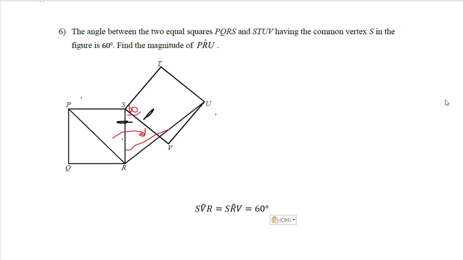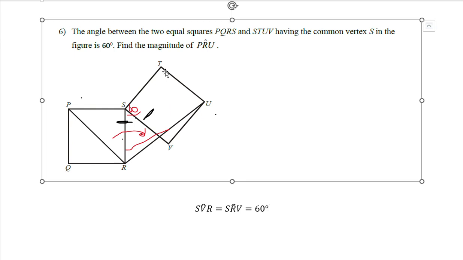Okay, so we know that our angle at S is also 60 degrees. So the only possibility for all angles to be 60 is when the triangle is equilateral.